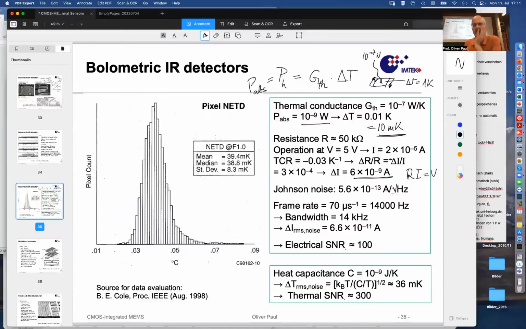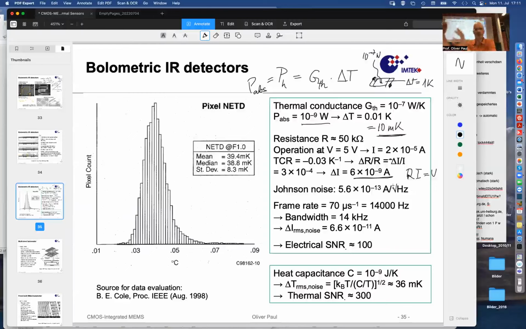That means that this factor, without the delta F under the square root in the formula on the previous slide, amounts to 5.6 times 10 to the minus 13 ampere per square root hertz.